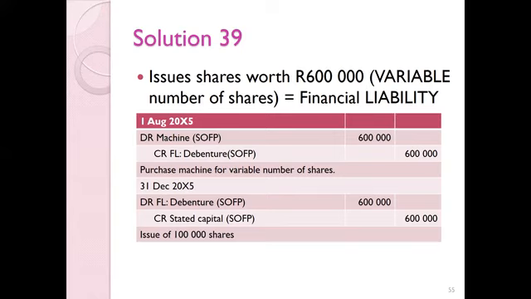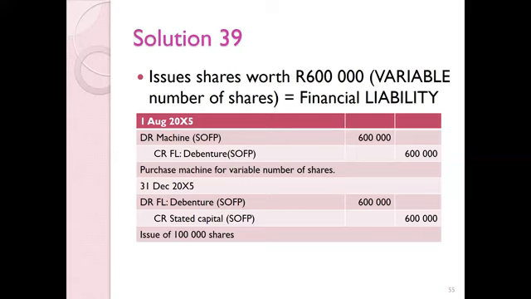Debit our financial liability, credit the share capital with 600,000 Rand, which ultimately is actually going to work out to be 100,000 shares. Okay, so as opposed to the first scenario where we issued 120,000 shares because it was in fact a fixed number of shares, here we are issuing only 100,000 shares because we have to issue shares that are worth 600,000 Rand.